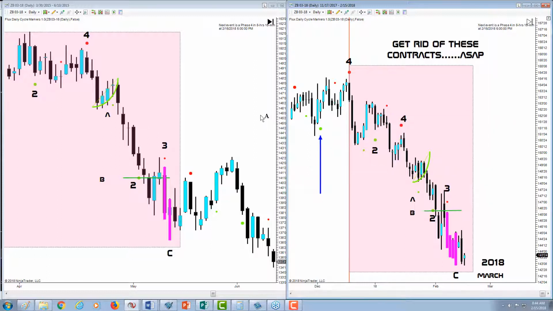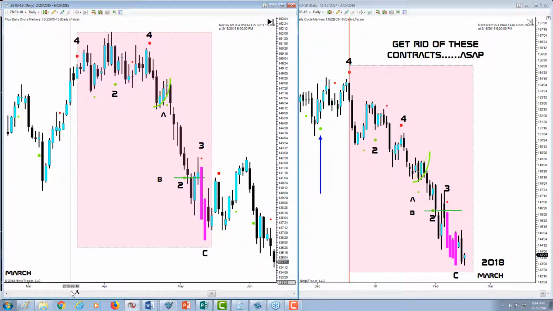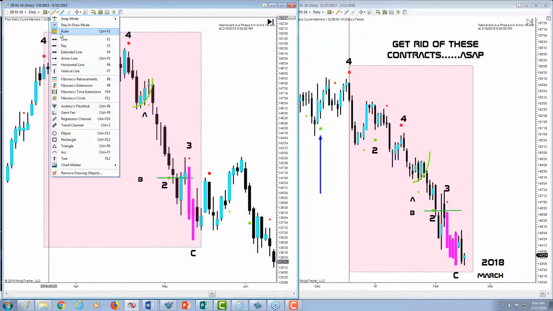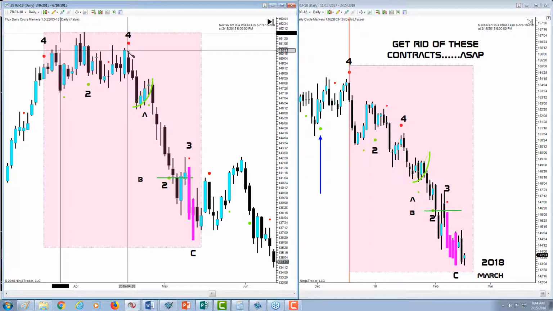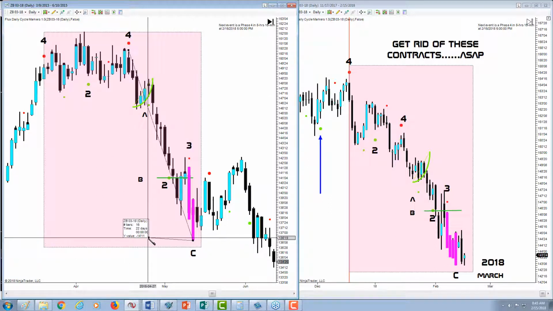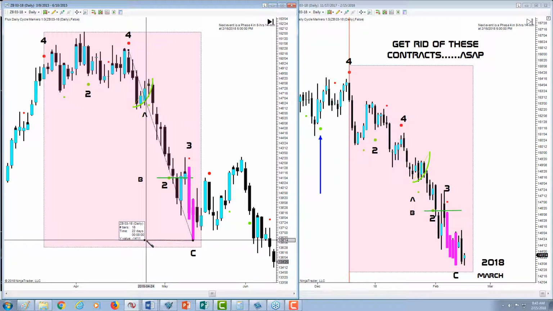Okay, so there's a lot of elements here that are similar around the same time of year as well. Matter of fact, let's take a look from this phase 4 to here, what that drop is. $14. Let's take a look and see over on the right side what the drop was.